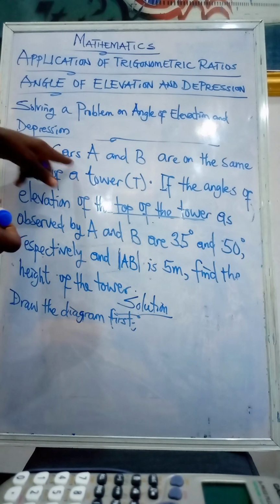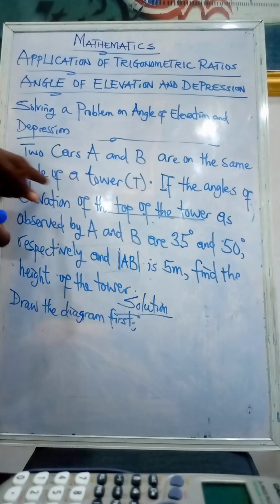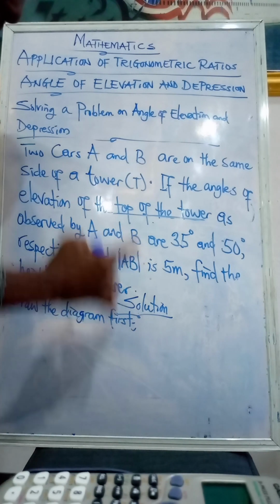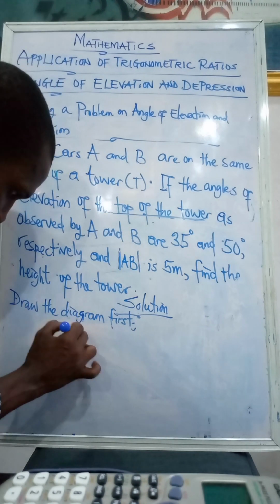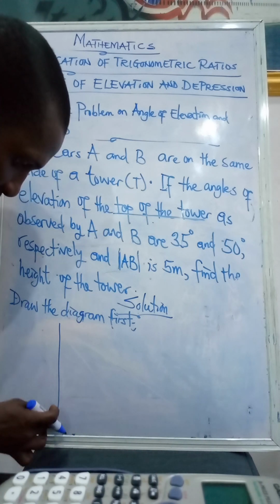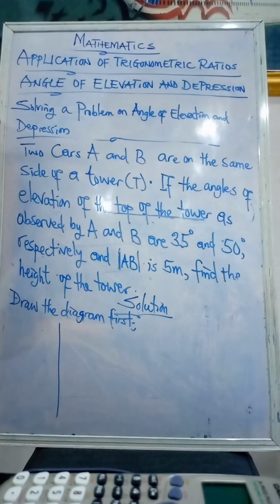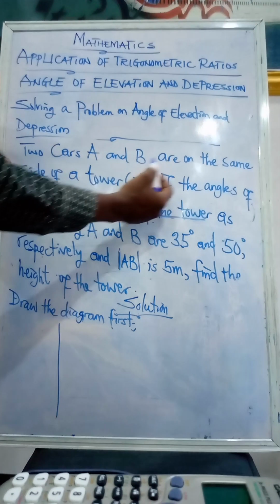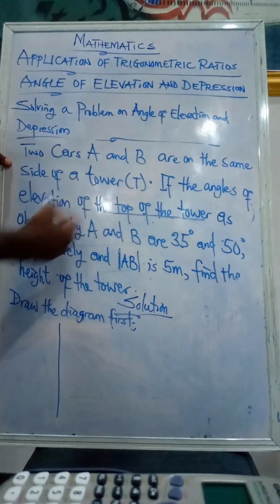Now, they say two cars A and B are on the same side of a tower. Anything called tower, mast, pole, they are always straight. So I will draw a straight line like this. After that, I was told that the two cars A and B are on the same side.